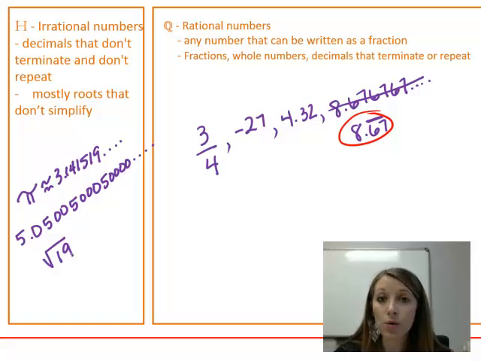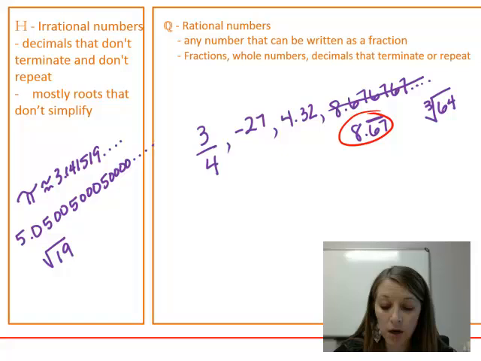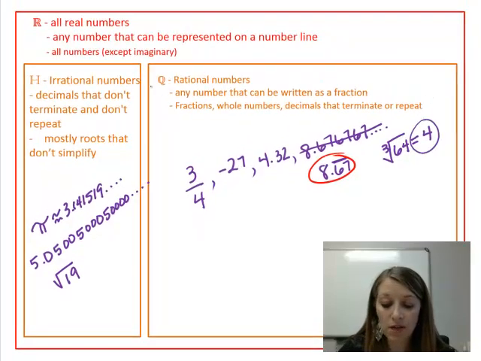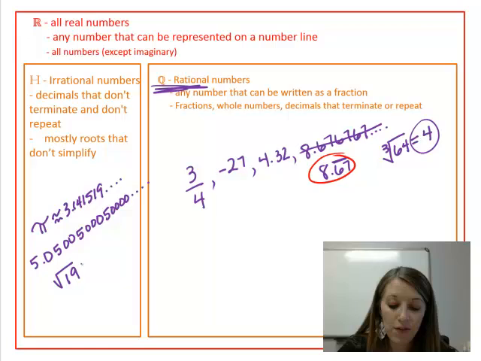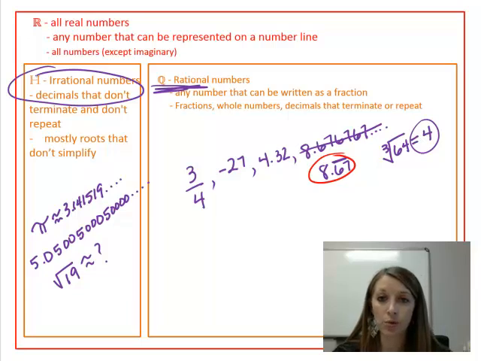If your square roots or cube roots or any other roots come out evenly, then that means it goes into the rational group, or the Q group. So an example like the cube root of 64 would go into the rational group because that simplifies to be 4 evenly. So if it comes out to be a whole number, then it fits into the rational group. If it comes out to be something in between, then that means it goes into the irrational group.